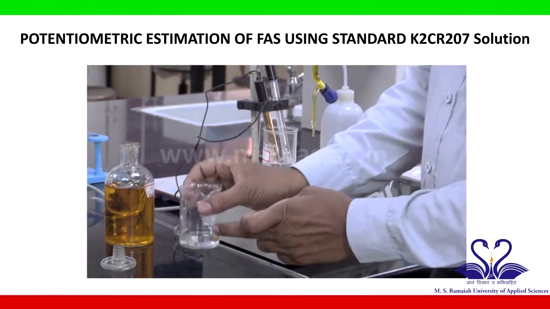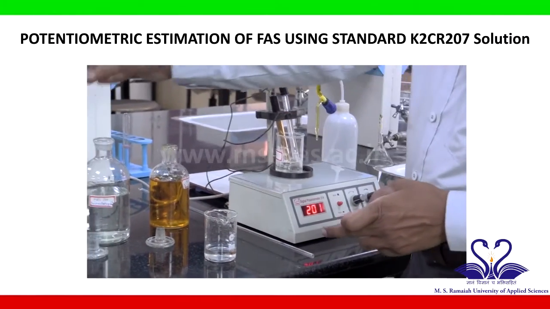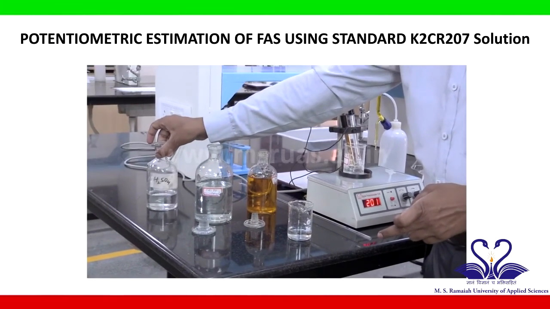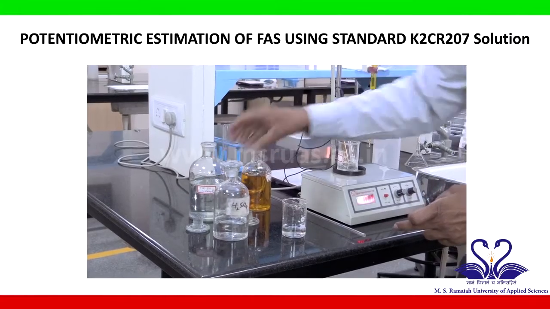So now into this FAS solution we are adding dilute sulfuric acid, half a test tube.